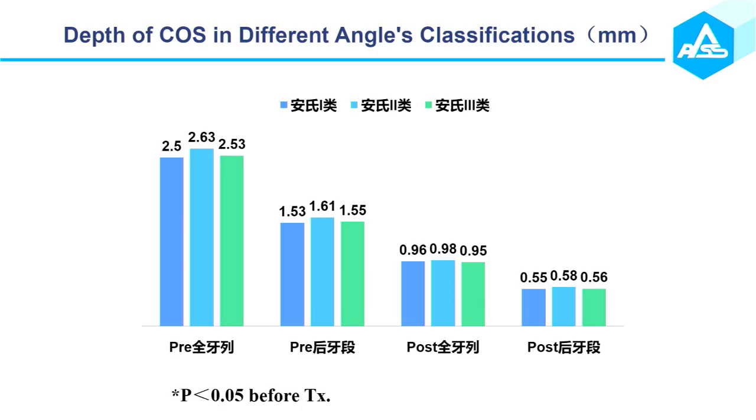She found before treatment, Class 2 has larger curvature than Class 1 and Class 3. After treatment, they are almost the same. Our treatment leveled all curvatures to almost the same.